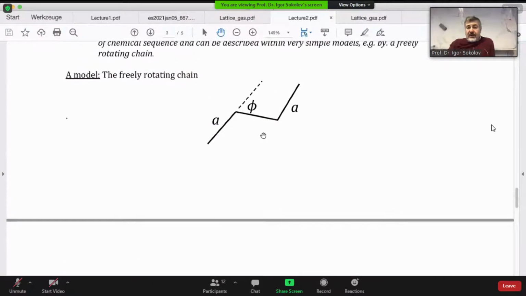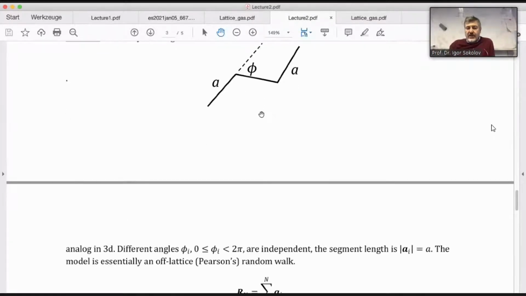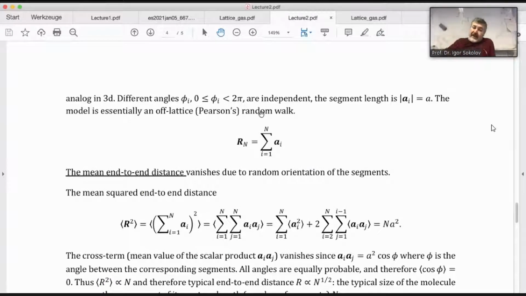Now, what I have here is, for example, a freely rotating model where you can take whatever angle whatsoever, and the same is on the lattice, there is no difference.